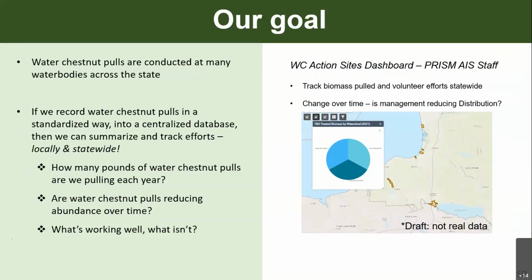And so these are some of the questions that we're wondering about. So how much water chestnut is removed? How is the abundance changing over time in both individual sites, but also more broadly across the state? Is water chestnut still spreading, or at some point does it begin to shrink its overall coverage?